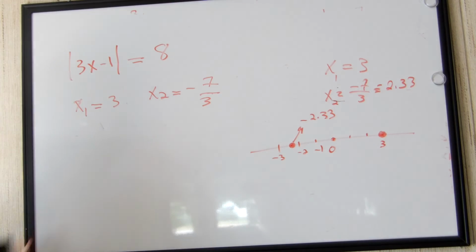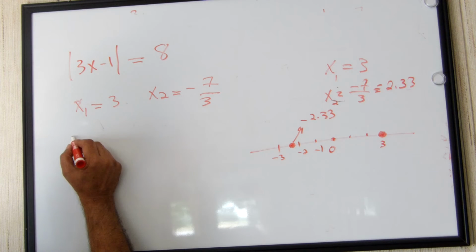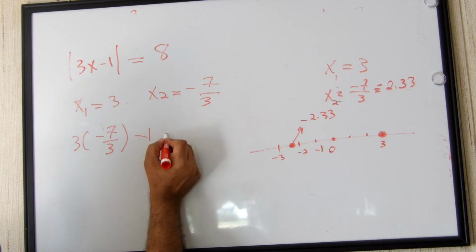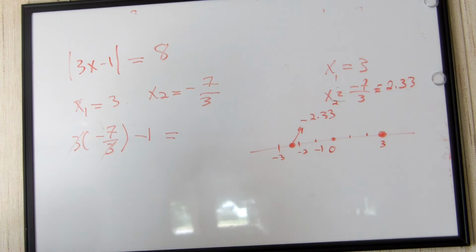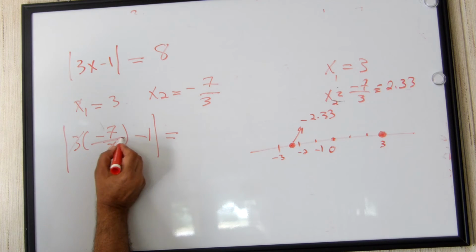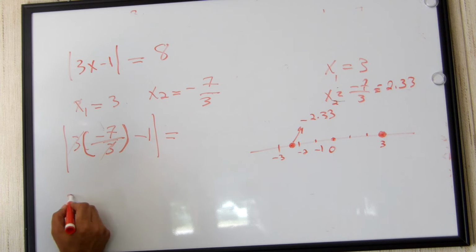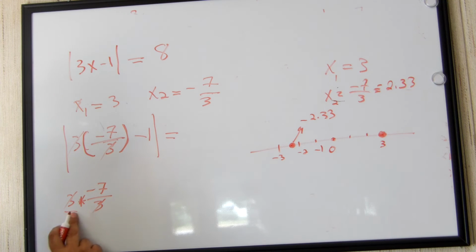And how about we put x2, minus 7 over 3, minus 1. See, this time this one is going to be cancelled. The 3 and 3 cancel, because this is multiplication, we can cancel it. So when you have 3 times minus 7 over 3, we can cancel this out.